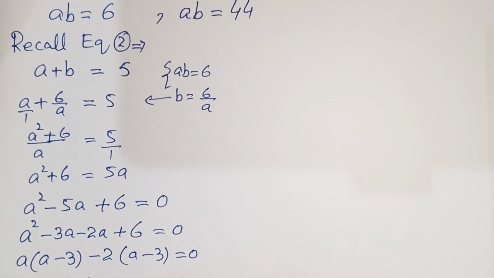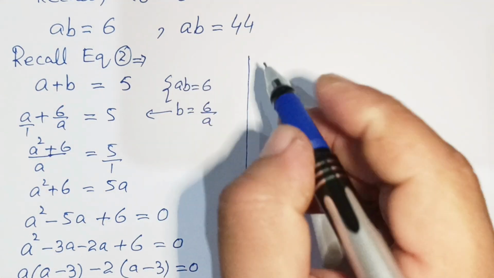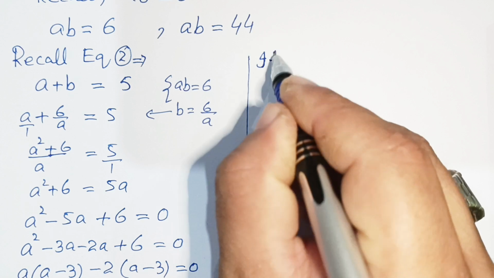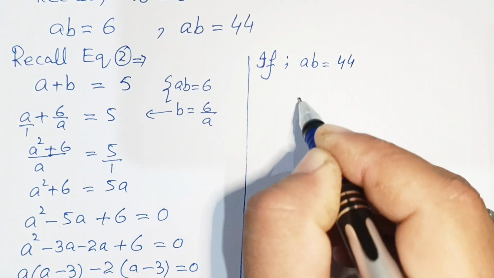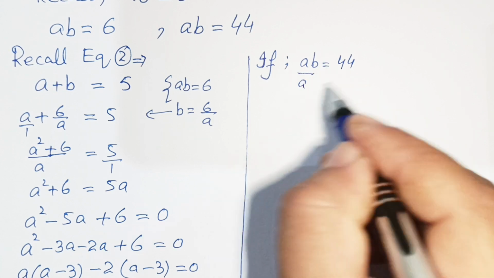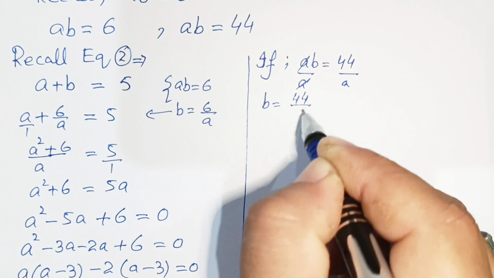Now if we put the value of ab equal to 44, so if a times b is equal to 44, dividing by a on both sides, we get b is equal to 44 divided by a.